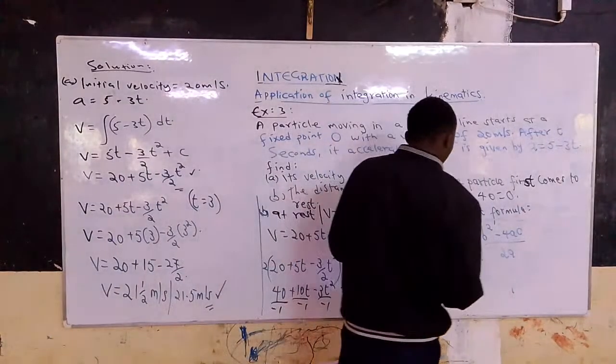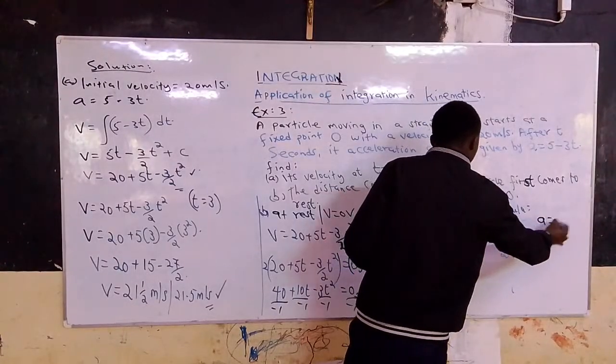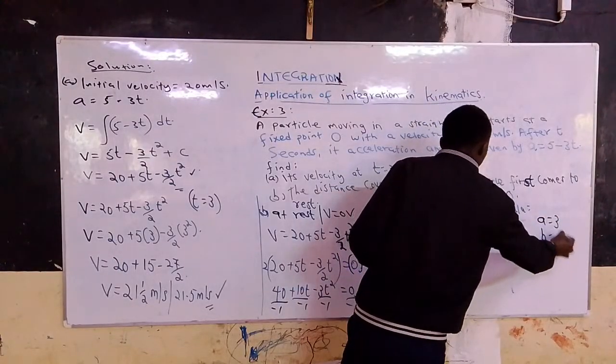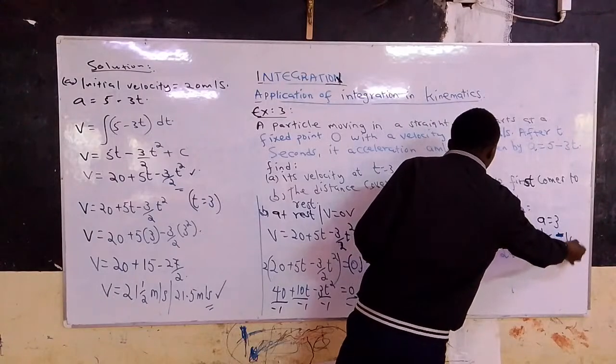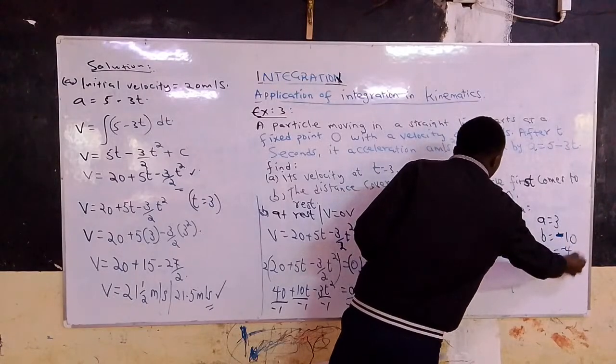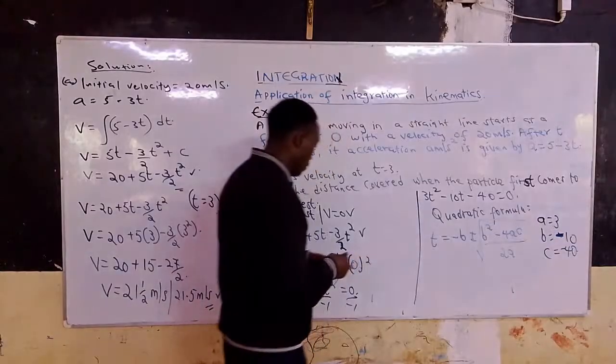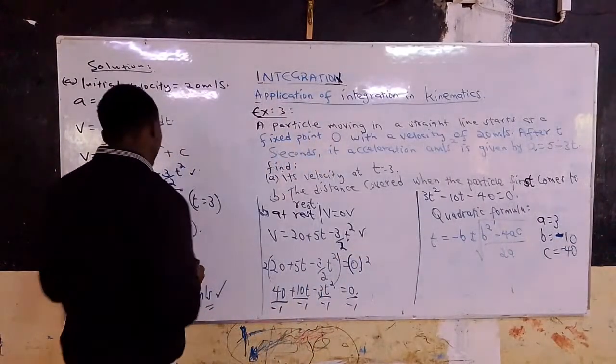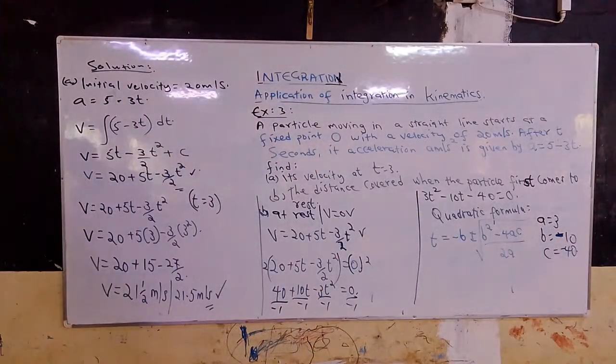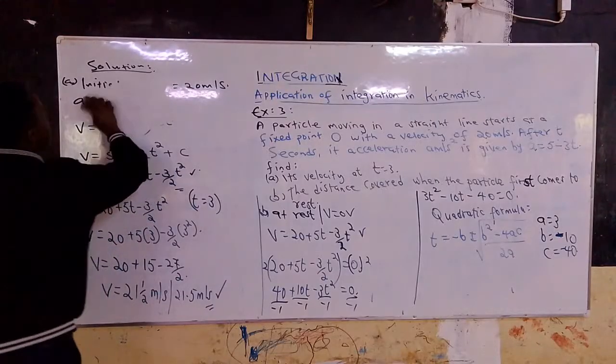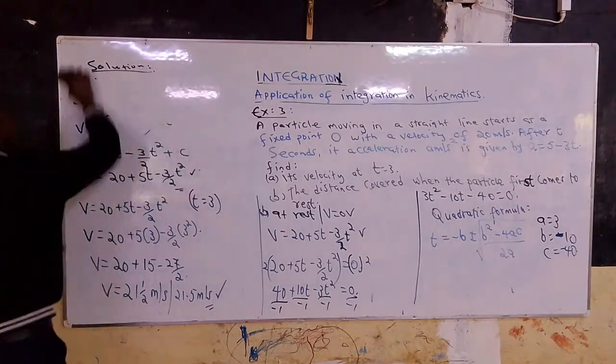So having that as our formula, our a is 3, our b is negative 10, and our c is negative 40. So we can determine our value of t. Let's do it in this place here.